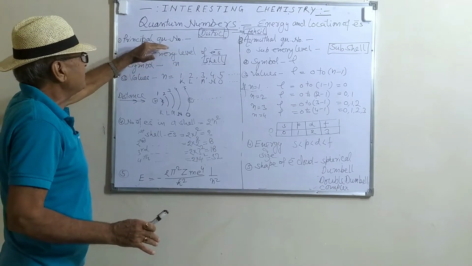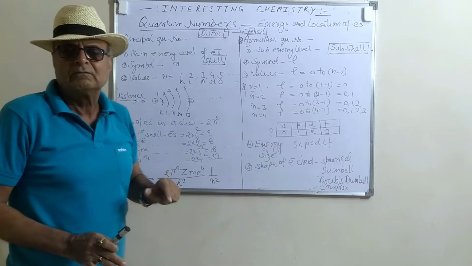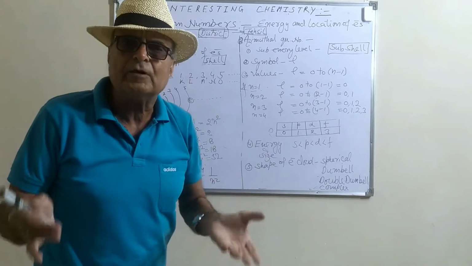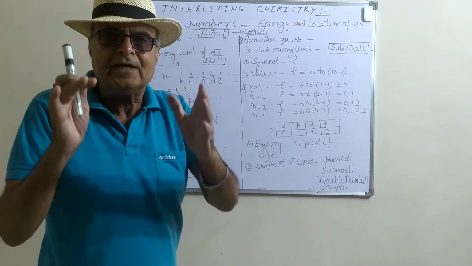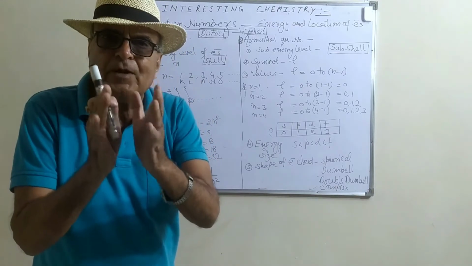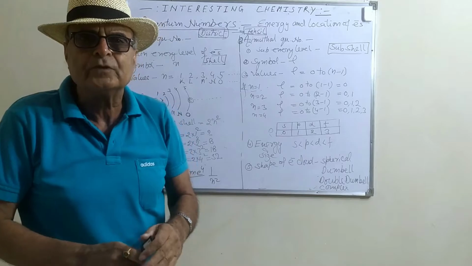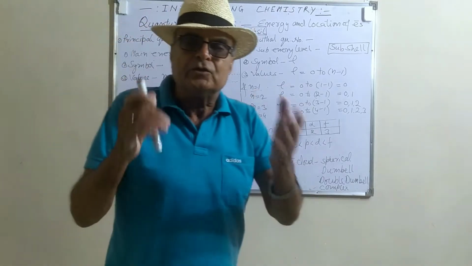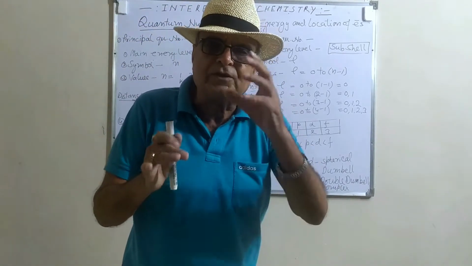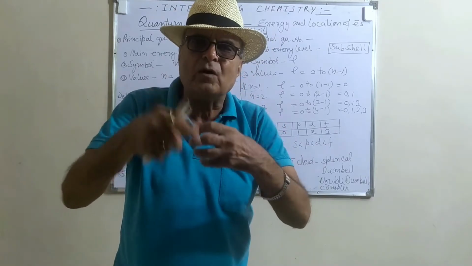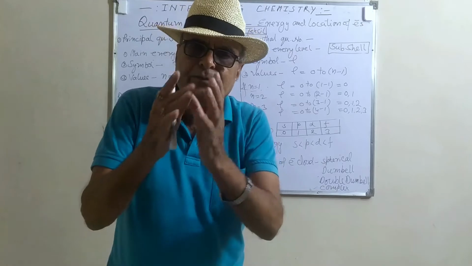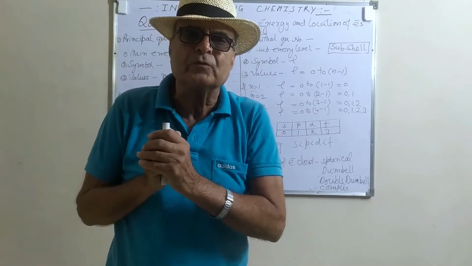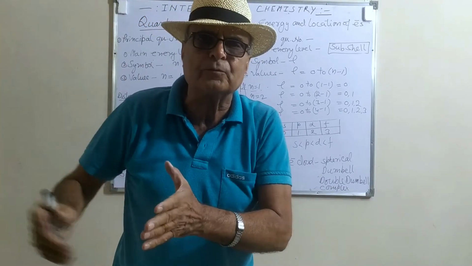The principal quantum number is like a district. This is the main energy level of the electron. And as you know, the electron revolves around the nucleus in an atom in different orbits: first orbit, second orbit, third orbit.